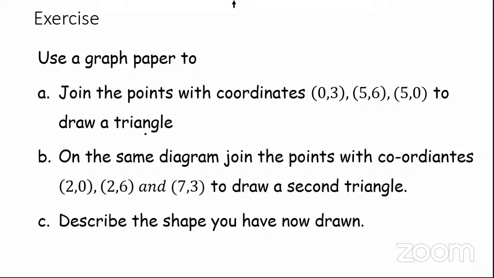After plotting them, you'll join them using straight lines to form a triangle. Then on that same graph, you'll add the coordinates 2, 0, 2, 6, 7, 3. And then you form the second triangle.